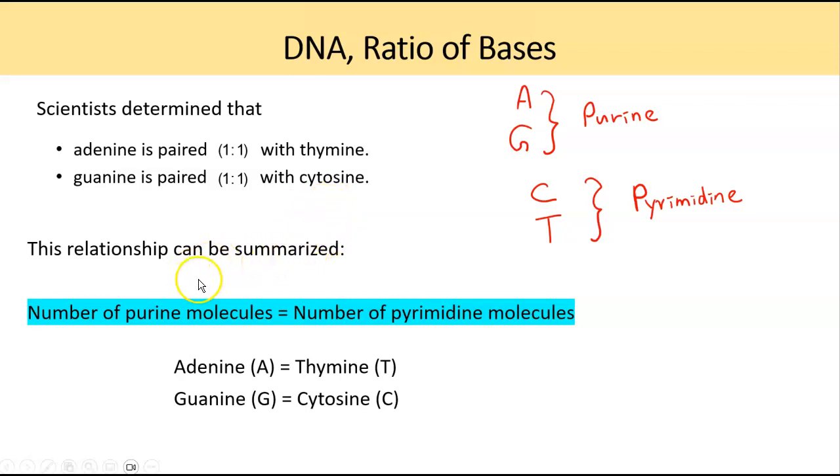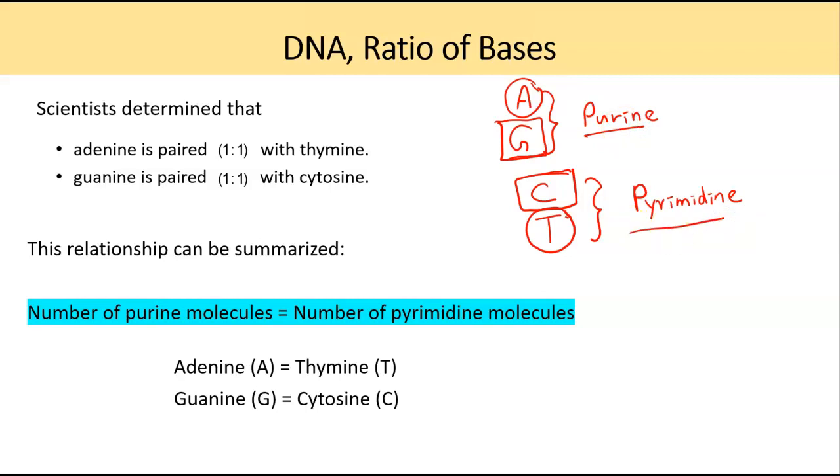We can summarize this relationship: since the ratios between adenine and thymine, and guanine and cytosine, are 1-to-1, there are the same number of adenine bases as thymine bases, and the same number of guanine as cytosine. In other words, there are the same number of purine molecules as pyrimidine molecules.